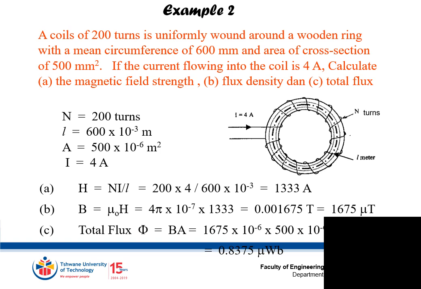Then B, which is the flux density. Remember we said relative permeability is equals to flux density divided by the magnetic field strength. So flux density would be equals to permeability of free space multiplied by the magnetic field strength.